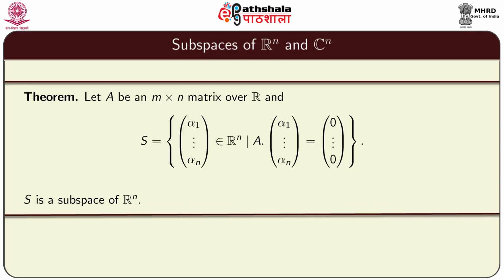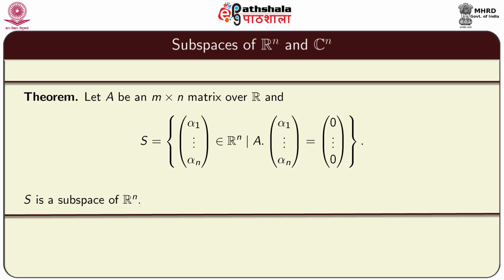Now, we see a very natural subspace of R n, namely the set S, which is the collection of all n tuples alpha 1 to alpha n, such that A times the column (alpha 1, alpha 2, ..., alpha n) is 0, I mean the 0 matrix. You know what this is.